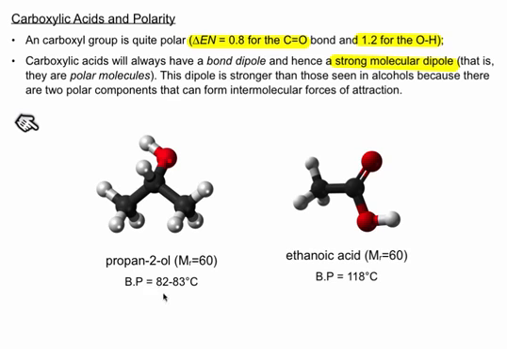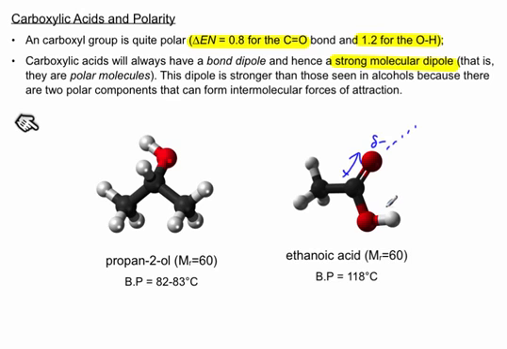If you look at our propan-2-ol, molecular mass of about 60, and boiling point of 82 degrees Celsius, here's equal molecular mass carboxylic acid, ethanoic acid. And the whole point being here, with this polar group here that's going to be delta negative, that is where it can form an intermolecular force with a neighboring molecule.